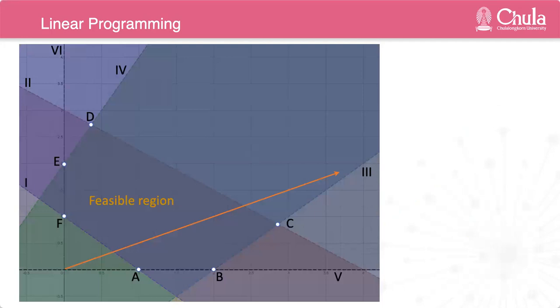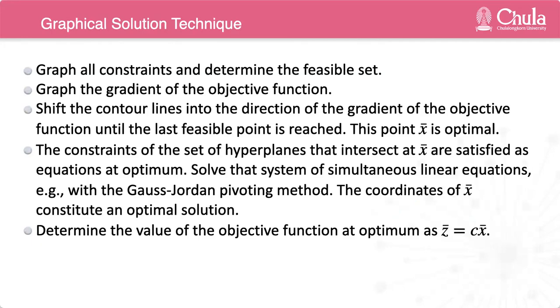As long as you can define the feasible region and you can draw the gradient, you can find the maximum or minimum. So for the graphical solution technique, the first step is to graph all constraints and determine the feasible set, the feasible area.